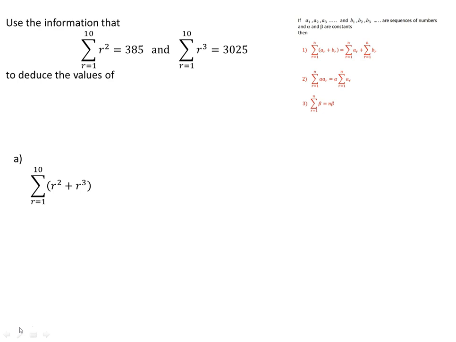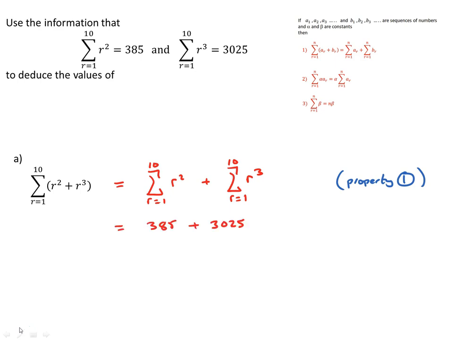Well, the sum between 1 and 10 of r squared plus r cubed is exactly the same as the sum between r equals 1 and 10 of r squared plus the sum between r equals 1 and 10 of r cubed. And that's using property 1. So that is just 385 plus 3025, which gives us 3410.